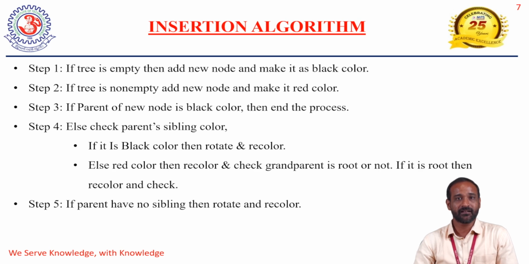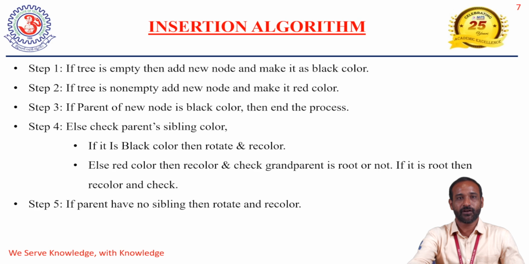If the uncle is black, then rotate and recolor. If the uncle is red, two consecutive red nodes will come. At that time, we recolor and check whether the grandparent is root or not. If the grandparent is root, then recolor and recheck. I hope you understand the 4th step. And coming to step 5, if the parent has no sibling, then rotate and recolor. These are the steps we can follow.